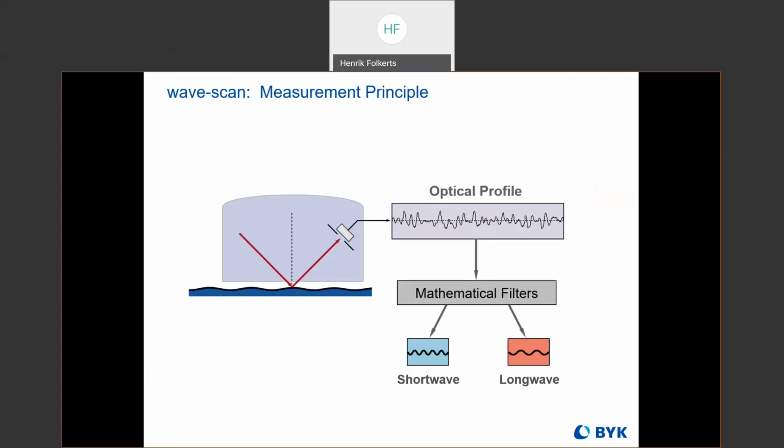So you take that optical profile and the WaveScan applies some mathematical filters in order to separate those structure sizes in the surface into what we call short wave and long wave.